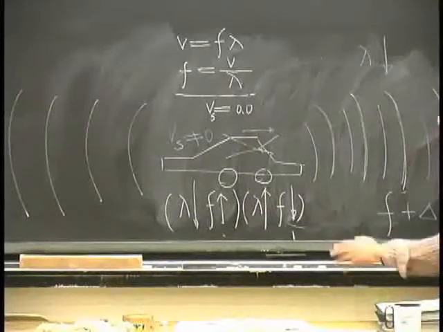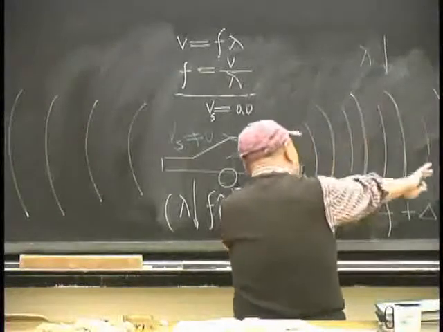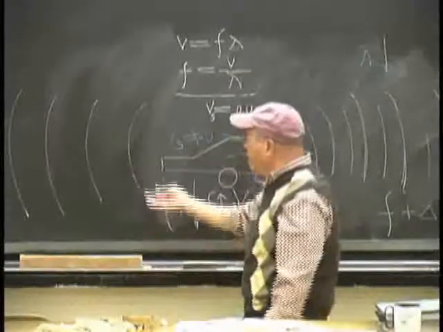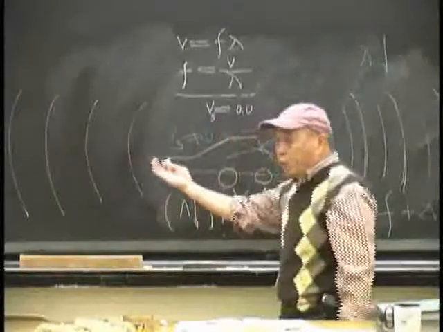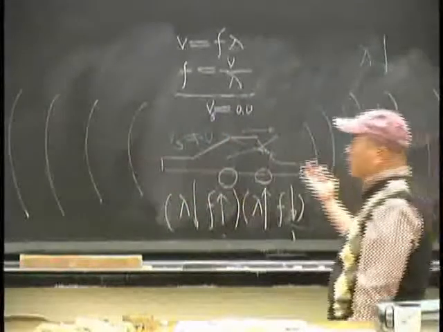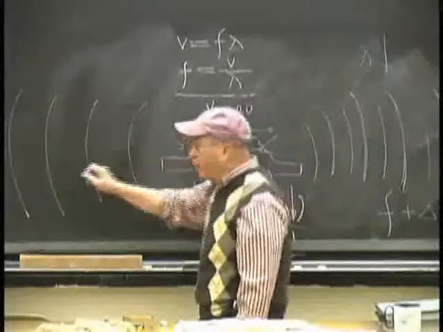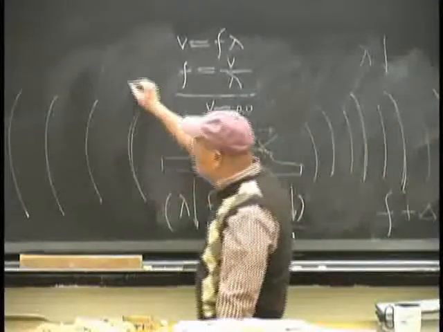Okay, that was from the front. Now we'll look from the back. When the sound source moves forward, the wave is slowly diluting like this.